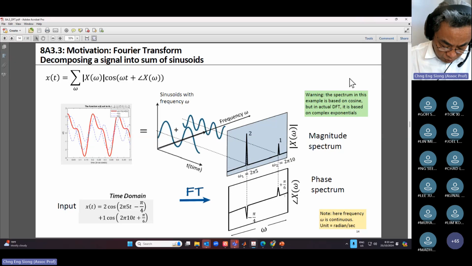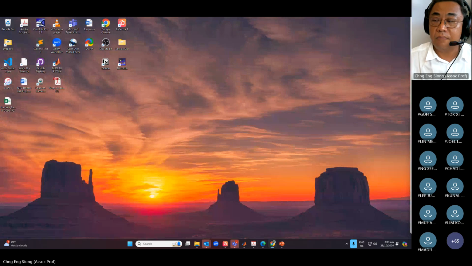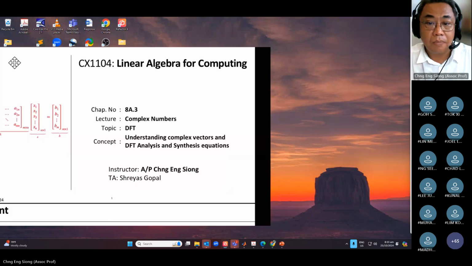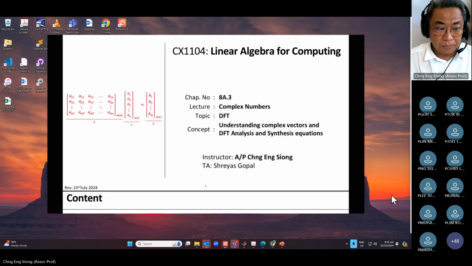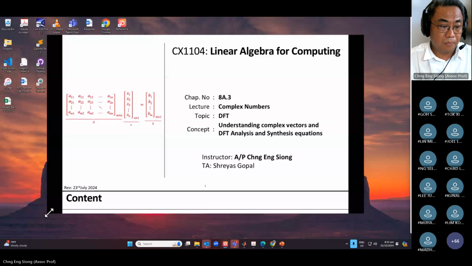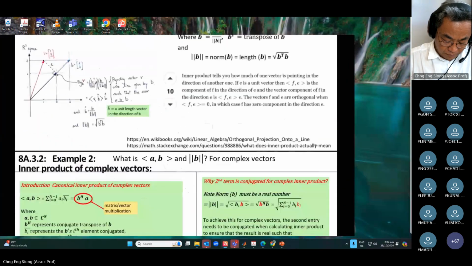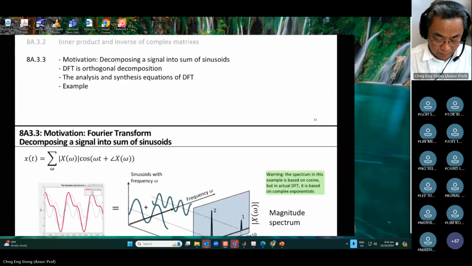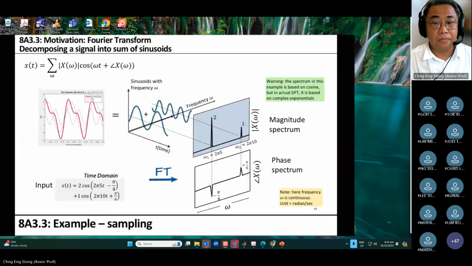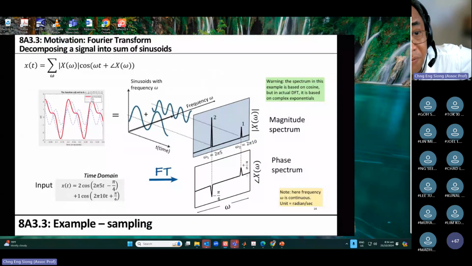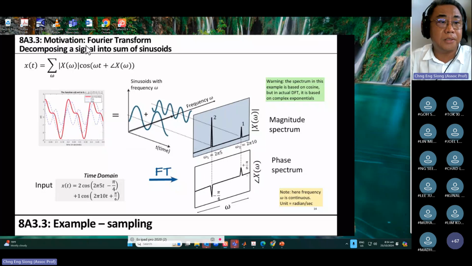So I'm going to open up this slide so that I can write. Right, let's motivate what the Fourier transform is first.